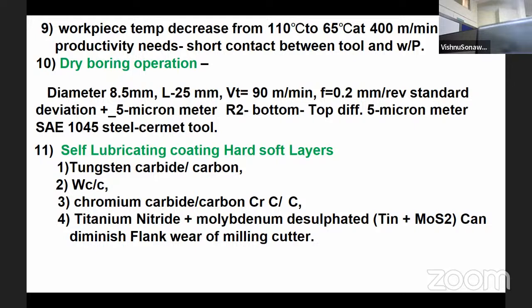This MoS2 is molybdenum sulfate. It can diminish flank wear of milling cutters and maintain the cutter life of the milling machine. Here we can use a milling cutter of TiN plus molybdenum and this sulfate material.